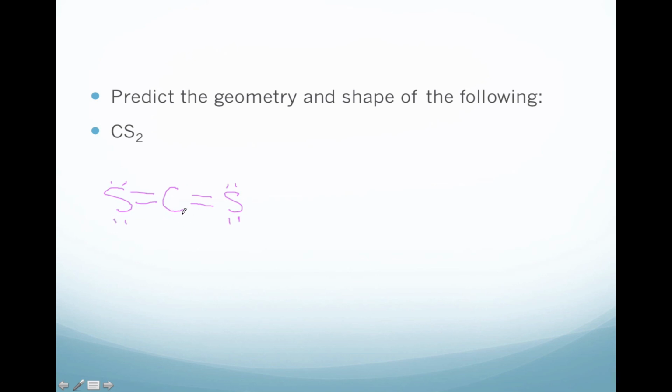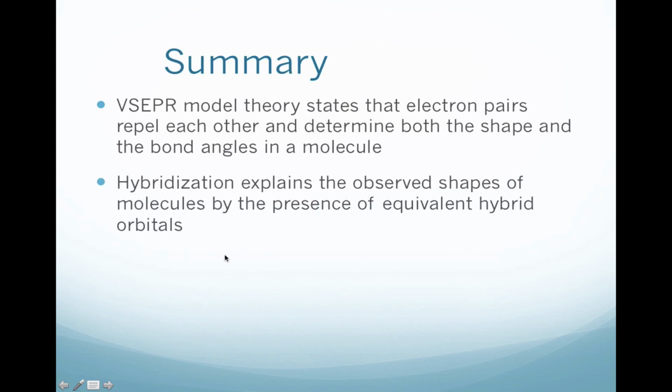The other thing is there are no unshared electrons on top of carbon, and we're just looking at carbon. We're not looking at sulfur. So this second pi bond on either side does not factor into the shape. And as a result, this is linear because we have 2 sigma bonds, and those 2 sigma bonds help to shape it into 180 degrees.